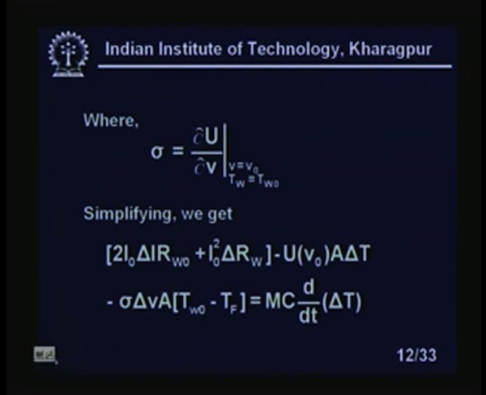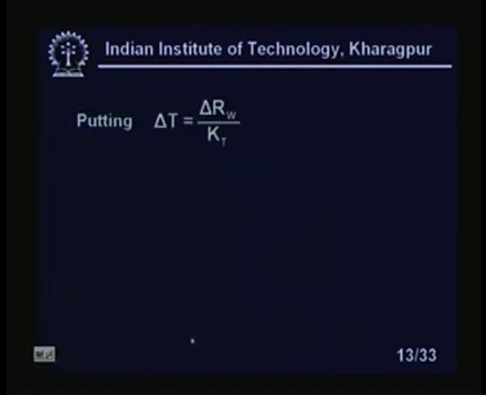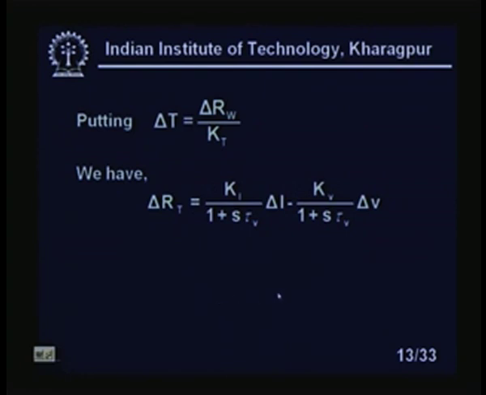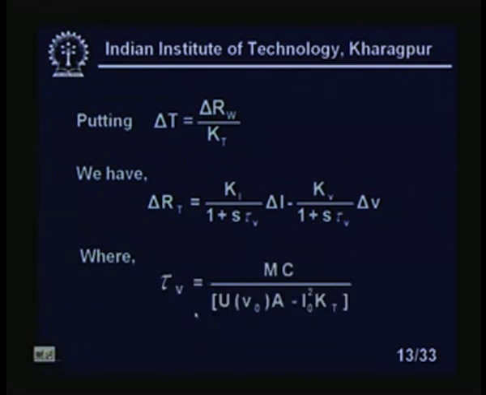With these expressions, we put delta T equal to delta W by Kt, and we have delta RT equal to Ki over 1 plus S tau B into delta I, minus Kv over 1 plus tau B S into delta V, where tau B is given by MC over U V naught A minus I naught square into Kt.